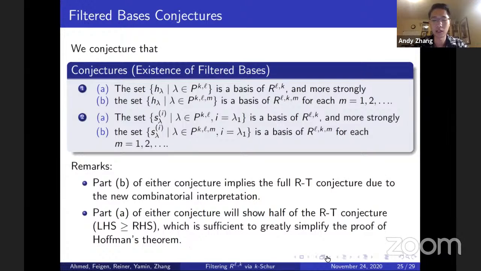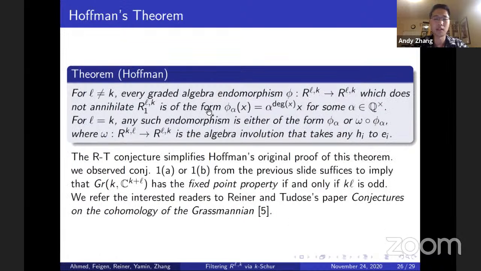So I should comment that this is sufficient to greatly simplify the proof of Hoffman's theorem, which is what Reiner and Tudose originally tried to do. And what is the Hoffman theorem? It's a statement that characterizes the endomorphism ring of RLK.